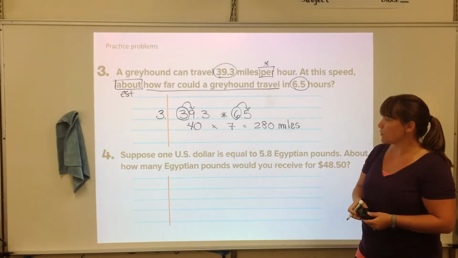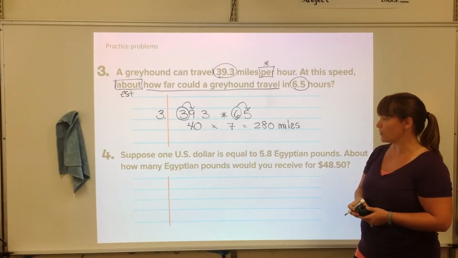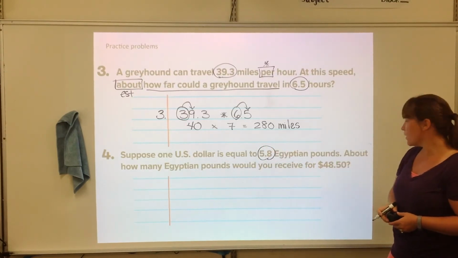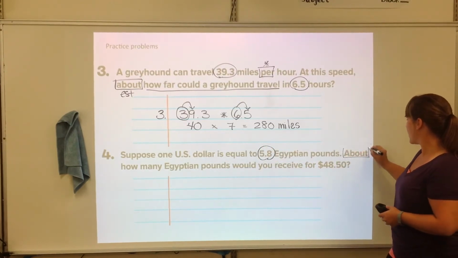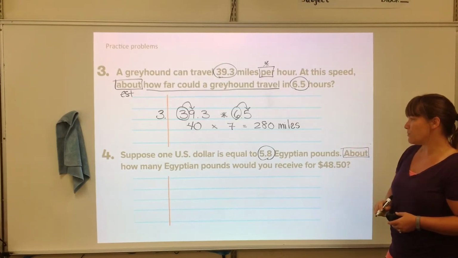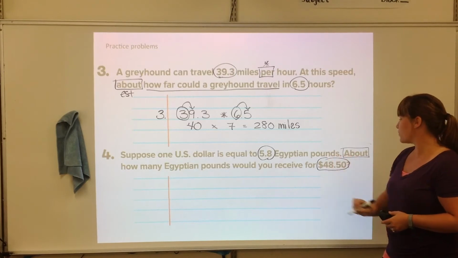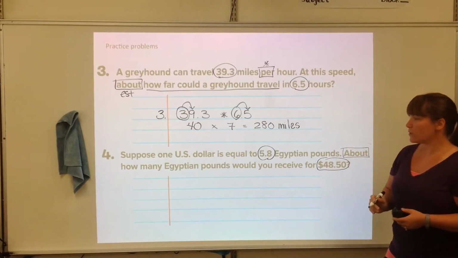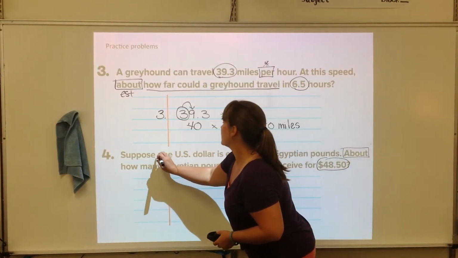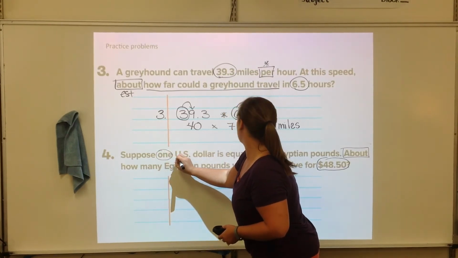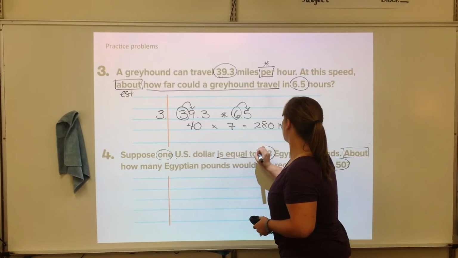Number 4, suppose $1 is equal to 5.8 Egyptian pounds. About, it said about again, how many Egyptian pounds would you receive for $48.50? So here we have to recognize that this $1 is equal to.